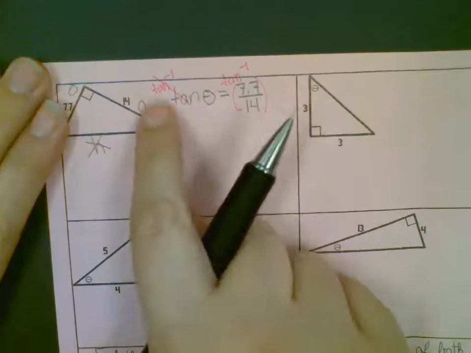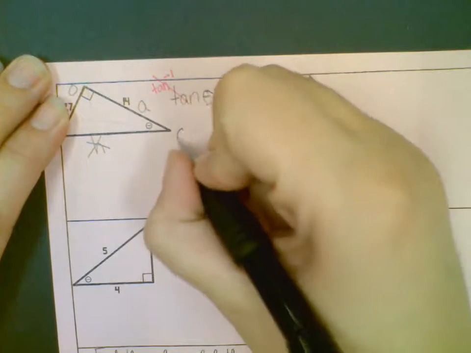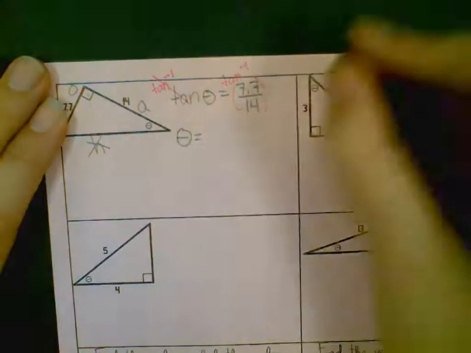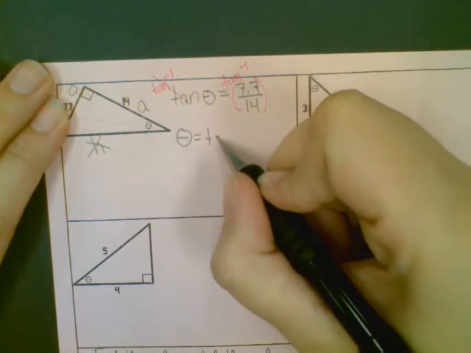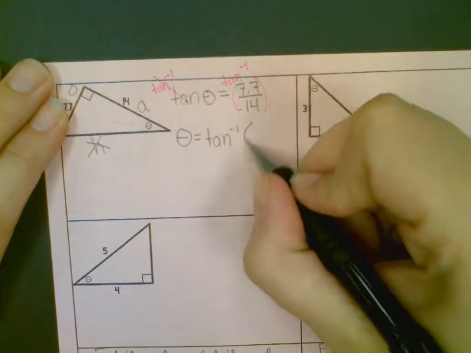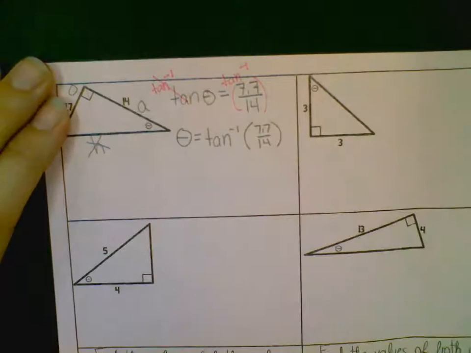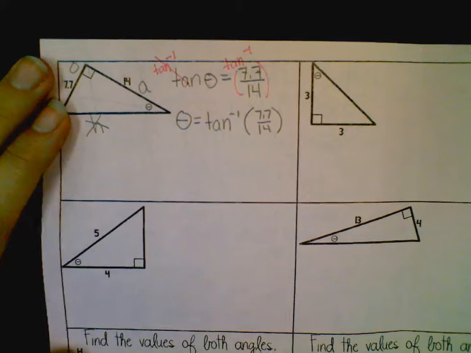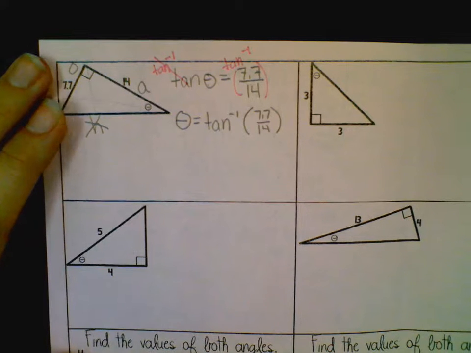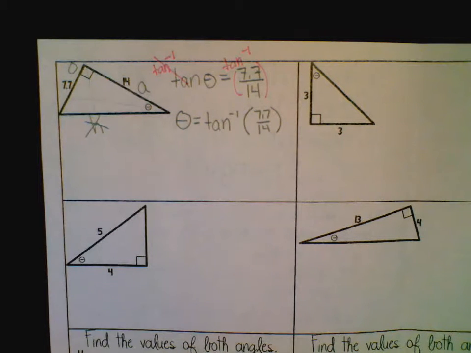So from there, these two sides cancel. So on that side, you just have a theta. On the right side, we have tangent inverse of 7.7 divided by 14. And I put it in fractions to make sure we type that in, that it's 7.7 divided by 14, and that's what we're taking the tangent inverse of.